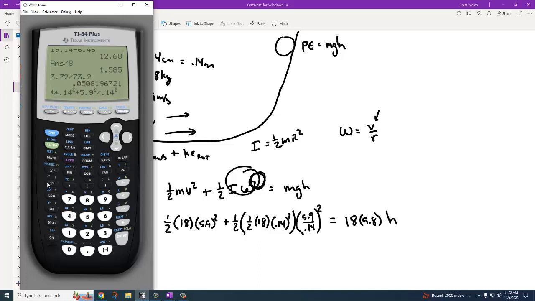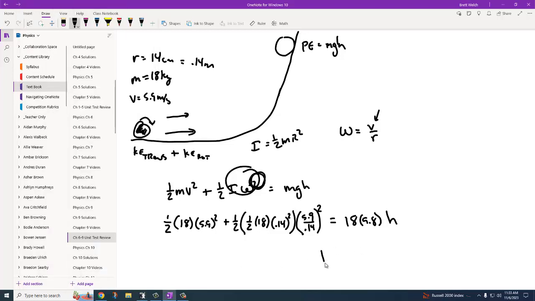You could put parentheses around that, square it, or not. We get 469.935, and that needs to divide by, and here I will use parentheses, 18 times 9.8 to get 2.66 or 2.7 meters up the hill.